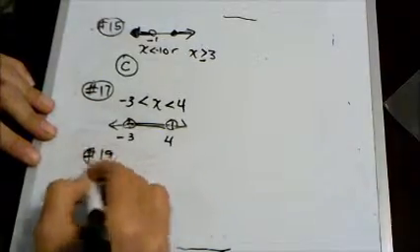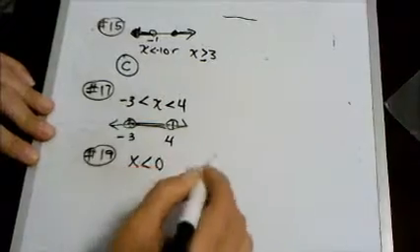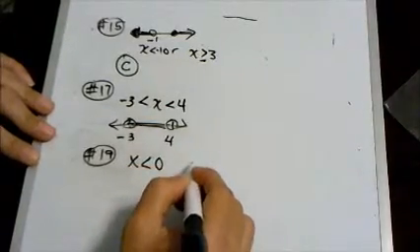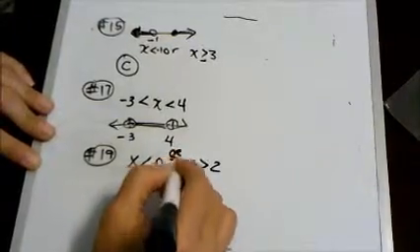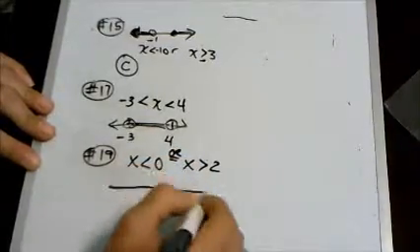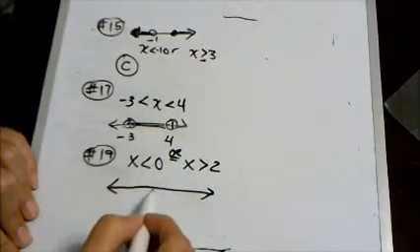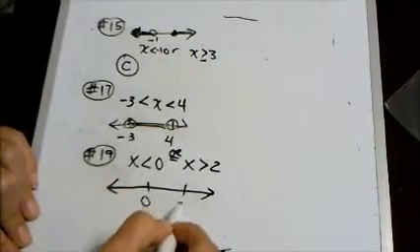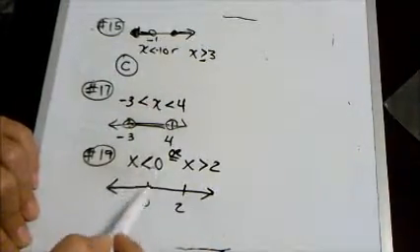Now let's do number 19. Number 19 has x is less than 0 or x is greater than 2. So since we have this or right here, we know we're going to have two different ends of the line here. So we have a 0 and a 2, and on this one x is less than 0.